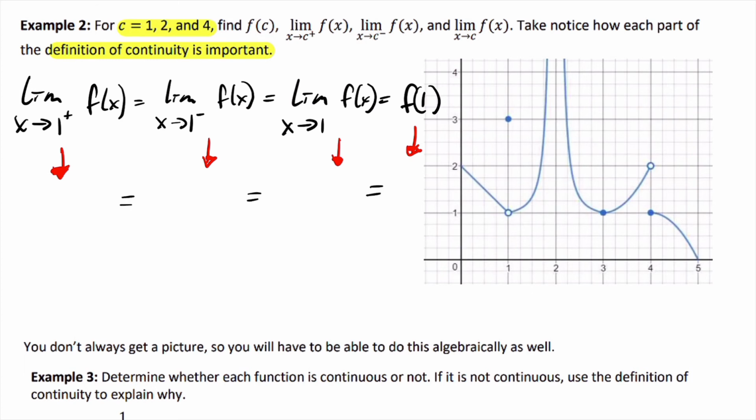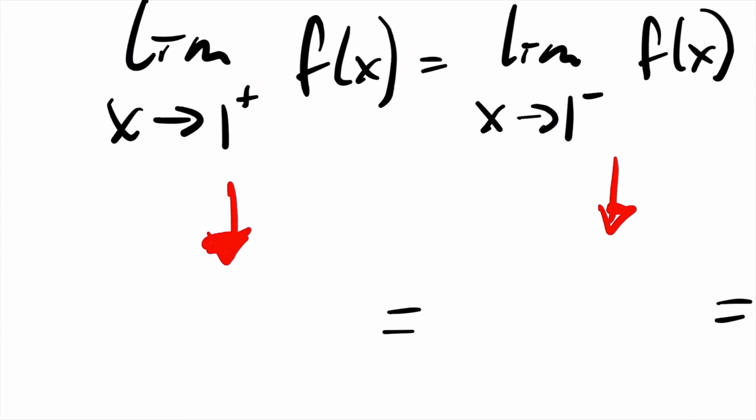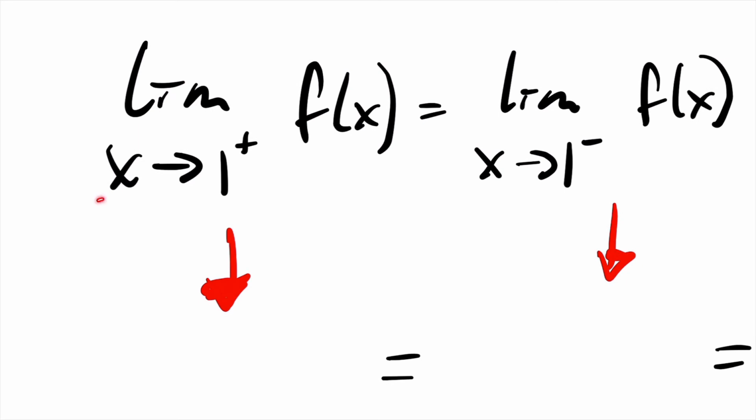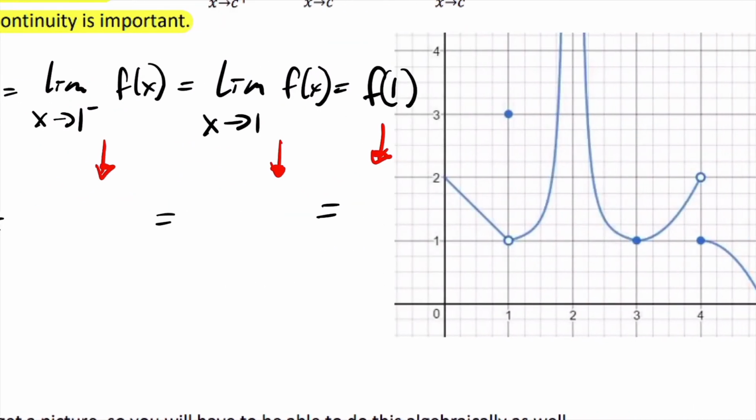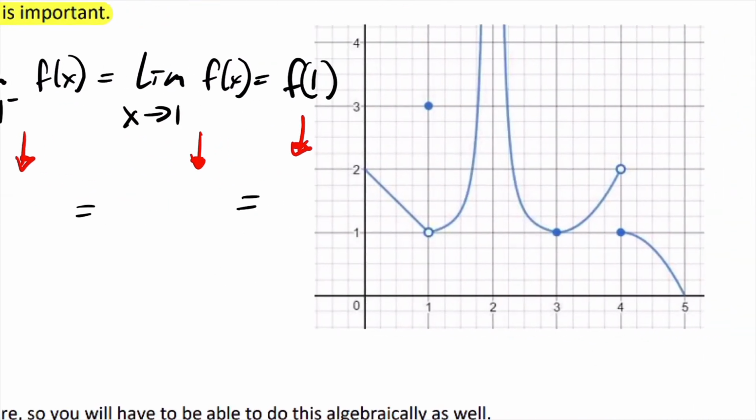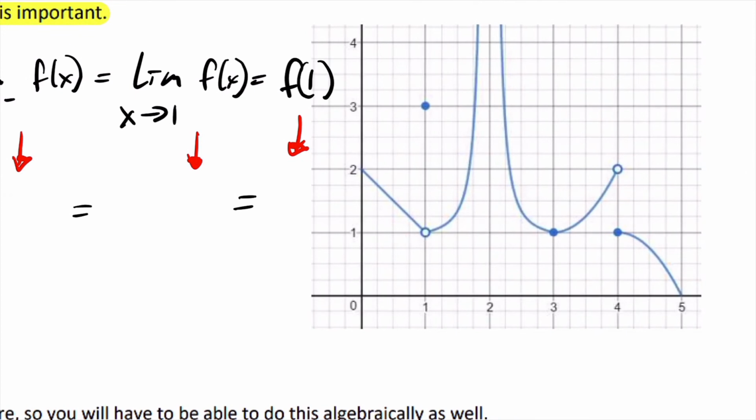So the first one, the limit as x approaches 1 from the right side, what is that equal to? Go to your graph, what is that equal to? Positive 1, right? So you go, I'm approaching 1.